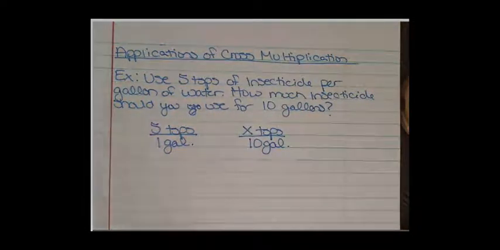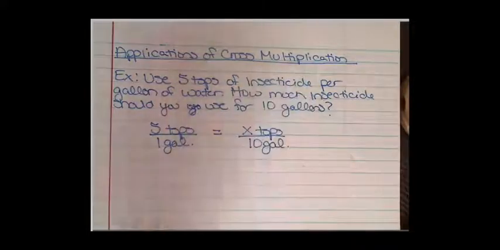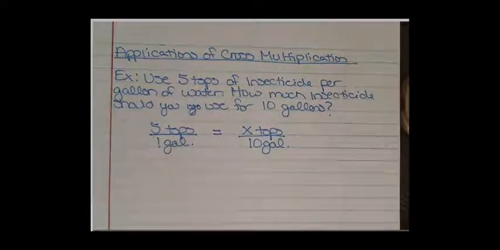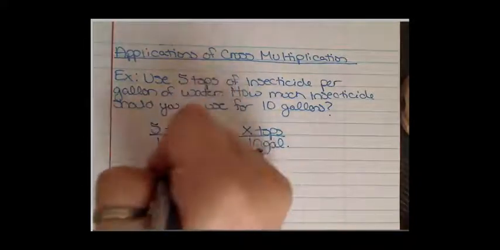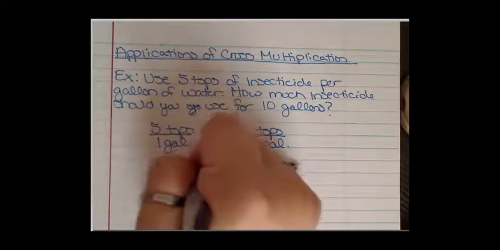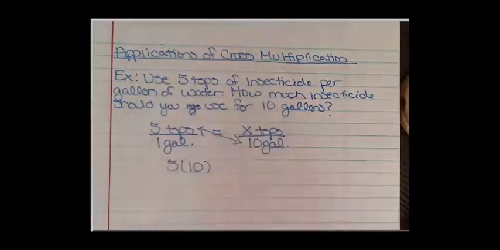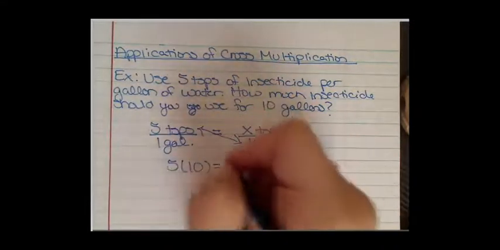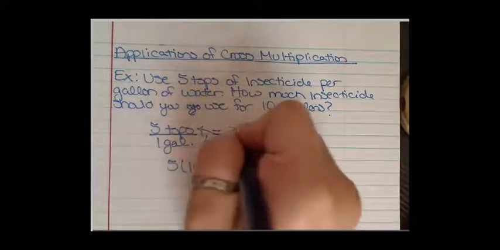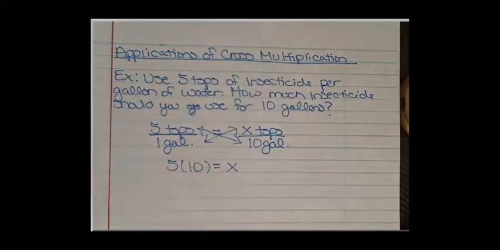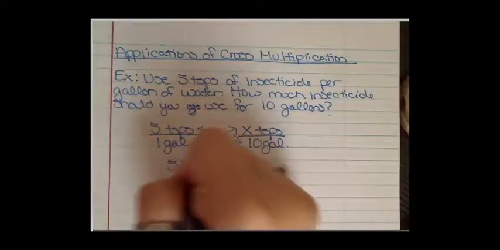We're going to take our 5 times our 10, because we're going to cross, and we're going to set that equal to our x times our 1, which is just x. So we have 50 teaspoons is needed for 10 gallons of water.